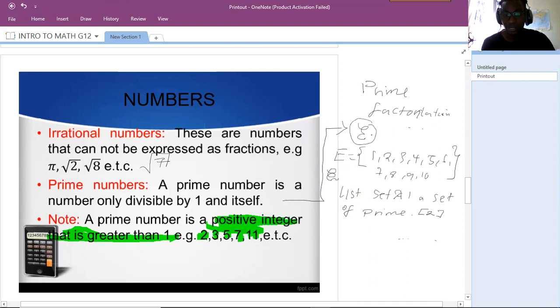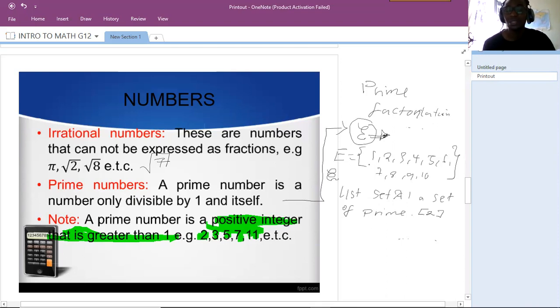So a universal set can be written as this fancy looking E, or just a capital letter E. A universal set is a set of all sets, like all elements are found in that universal set. And using the universal set, you can create other smaller subsets. You can make other little smaller sets from the big set known as the universal set. So now that we know the definition of a prime number, we have this universal set here.